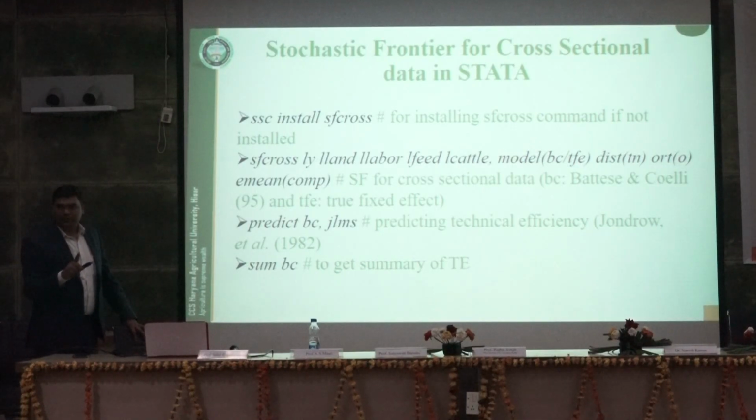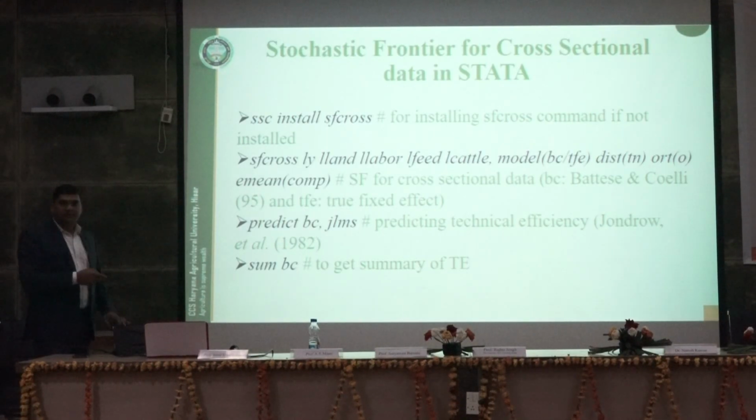Accordingly, if your residuals follow truncated normal, then you have to write TN. If your residuals follow, say, exponential, then you have to write exponential. And this is the orientation. ORT is the orientation. Orientation is output oriented.